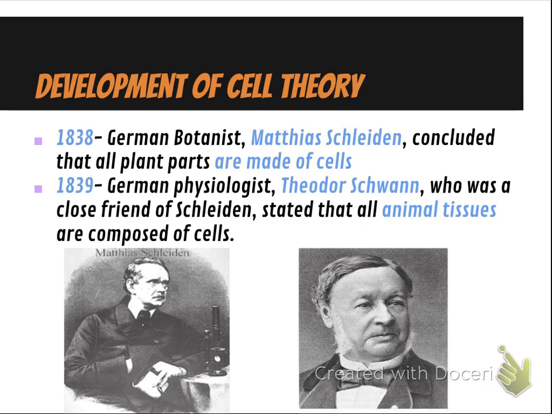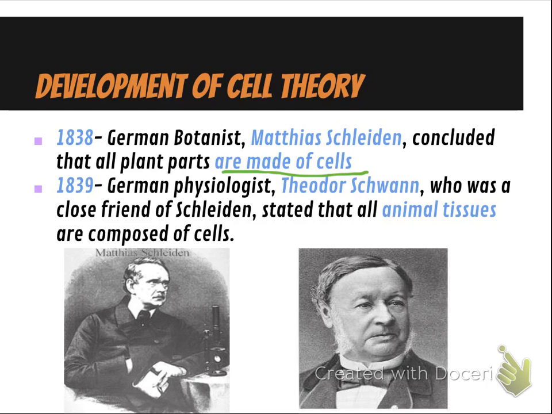Now, what we have is what's called the modern understanding of the cell theory. There were multiple scientists involved in this process, including, in 1838, German botanist Matthias Schleiden, who concluded that all plants are made of cells. So he took the work of previous scientists and summarized it in a new way with new technology.